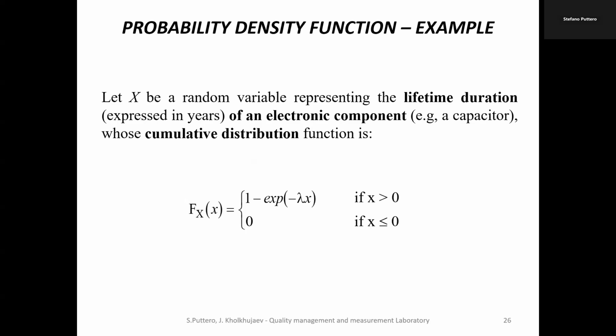When x tends to zero, the equation tends to zero, while when x takes a value over zero, the function has the shape of 1 minus e to the minus lambda multiplied by x.